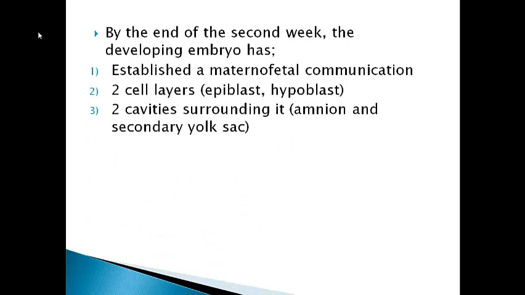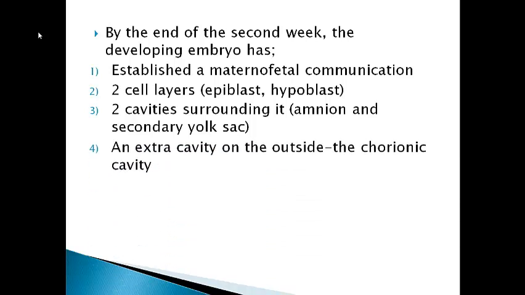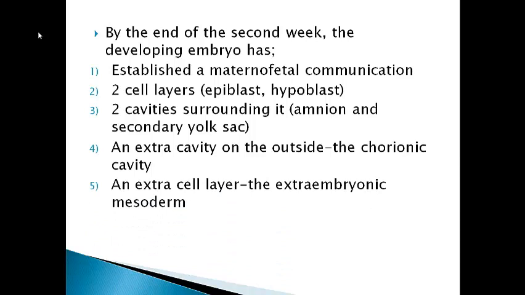And surrounding these two cell layers, we had two cavities, which were the amnion or amniotic cavity above the epiblast, and we had the secondary yolk sac, which originated from the primitive yolk sac. Remember, we had the large extra cavity around this entire structure, which was called the chorionic cavity. And we have an extra cell layer, which was referred to as the extraembryonic mesoderm.